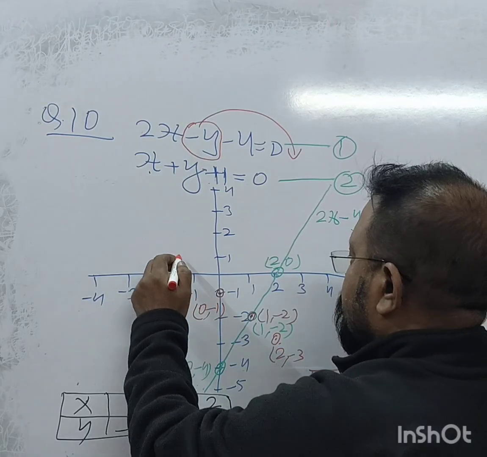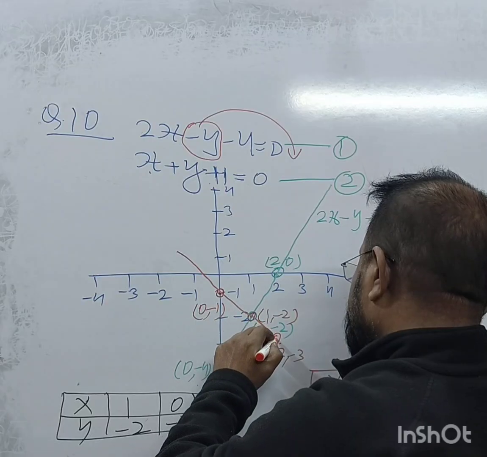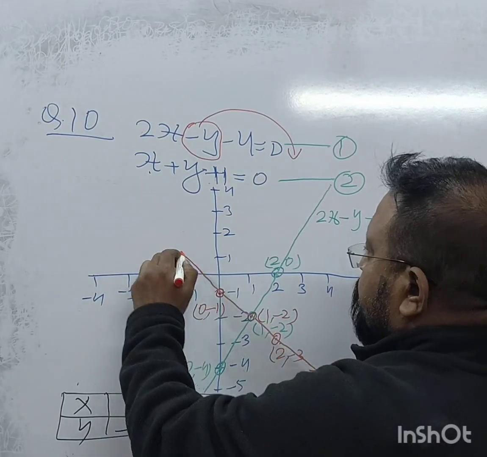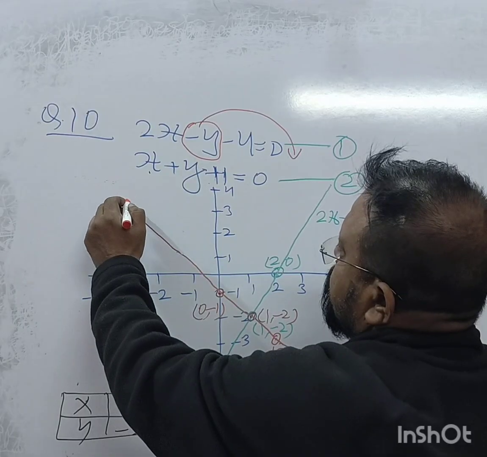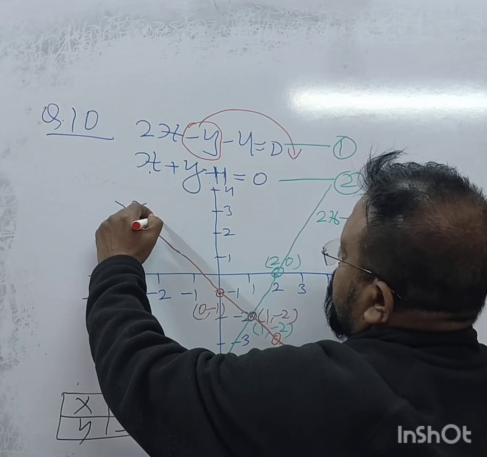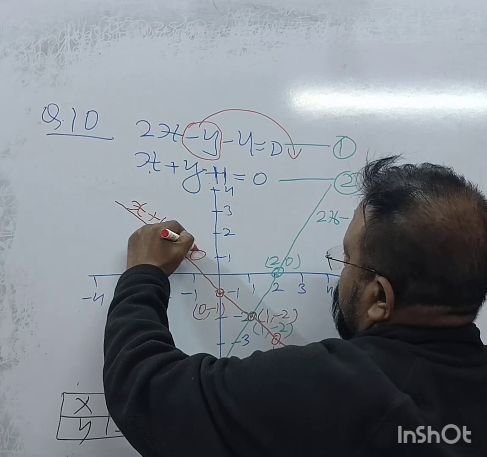So if we draw a line from here, this is the line. The equation of the line is x plus y plus 1 is equal to 0.